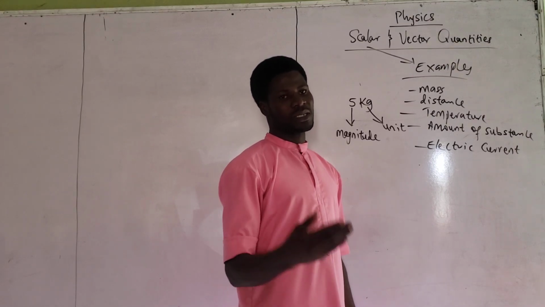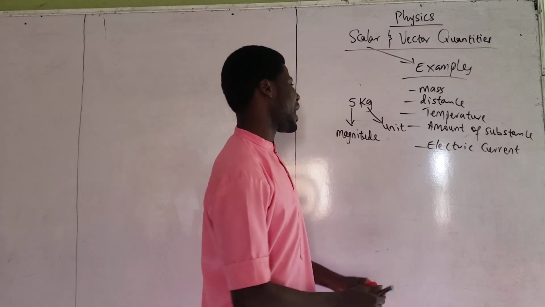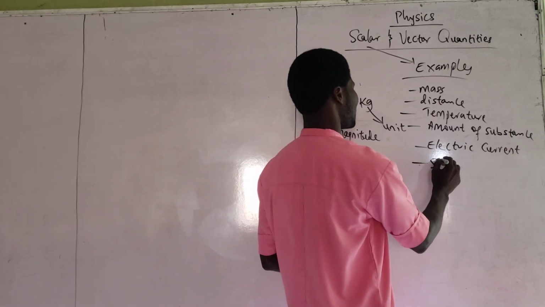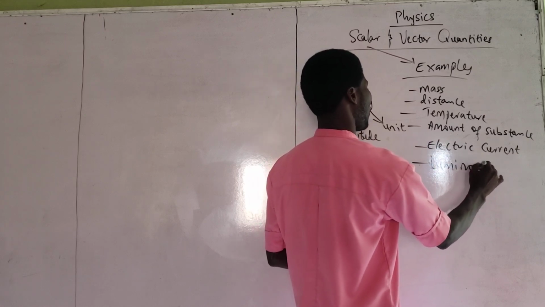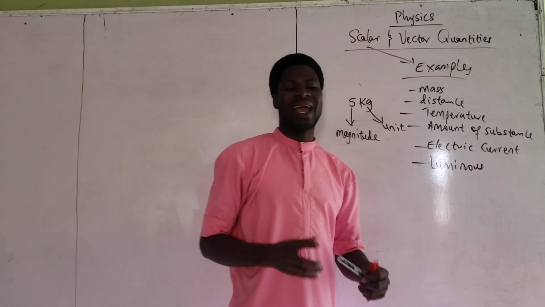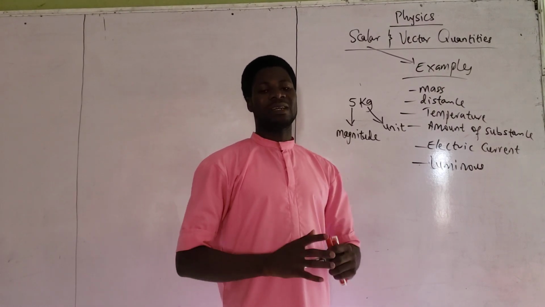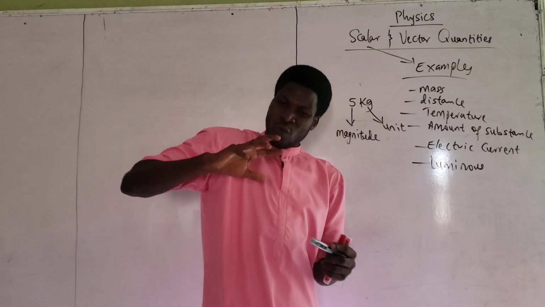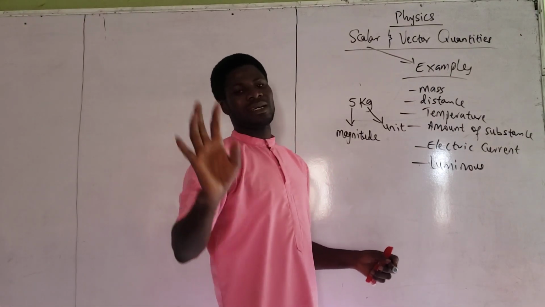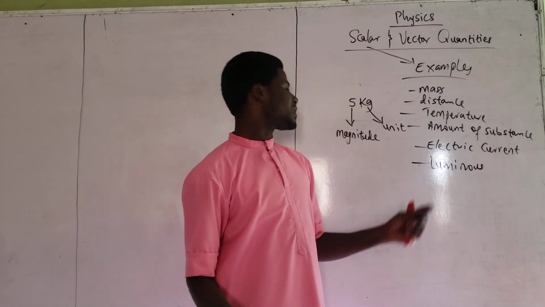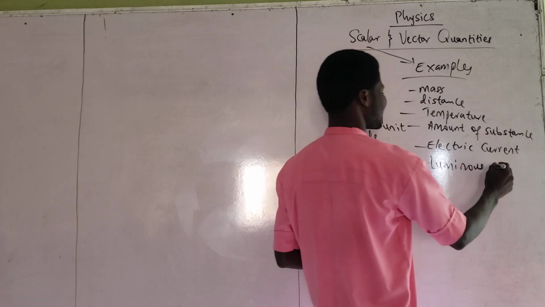There's some school of thought saying it's a vector quantity, but to me, I would say it's a scalar quantity as well, because it is only talking about the energy radiated by a source of light in a particular direction. That is luminous intensity. Only the light that's in a particular direction, not the quantity itself. So I can say luminous intensity is a scalar quantity.